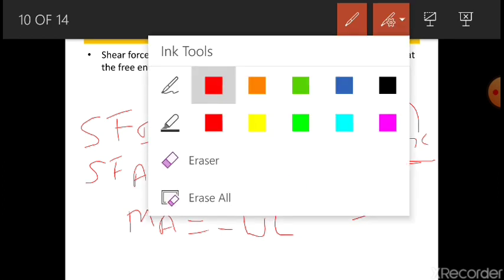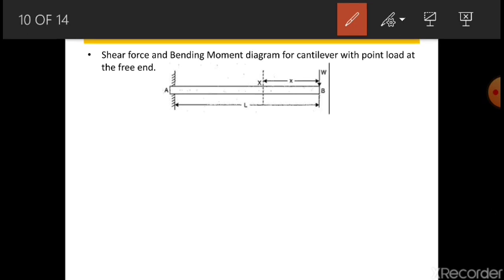Then how to draw? Once you have calculated shear force, you have to draw the shear force diagram and bending moment diagram. We'll draw first the baseline like this. The shear force was positive, plus W. So you go plus W here for a distance of W, not to scale.